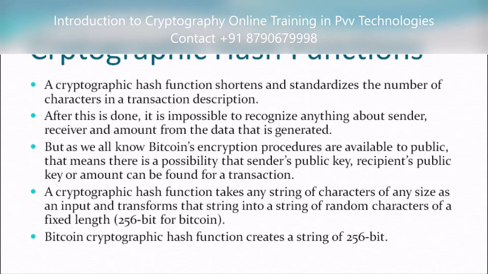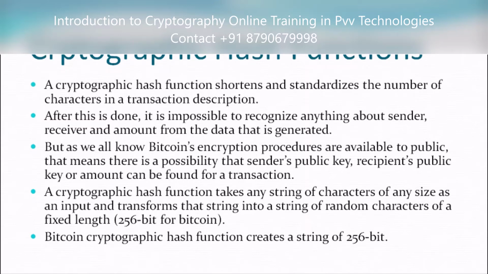A cryptographic hash function shortens and standardizes the number of characters in a transaction description. After this is done, it is impossible to recognize anything about sender, receiver, and the amount from the data that is generated.